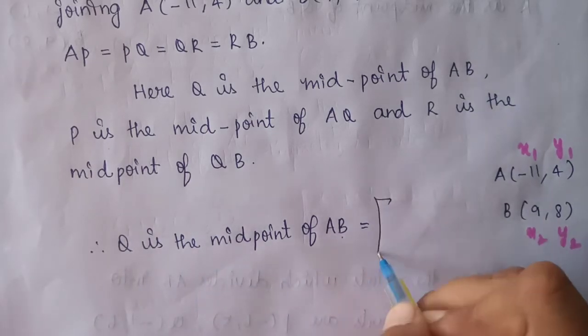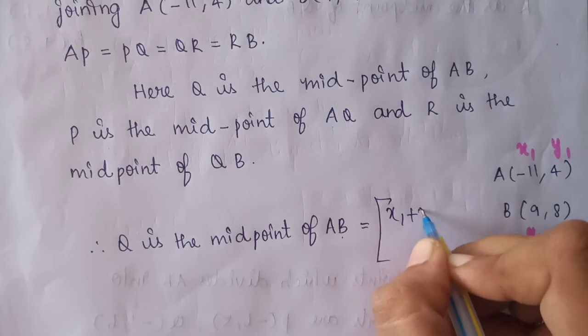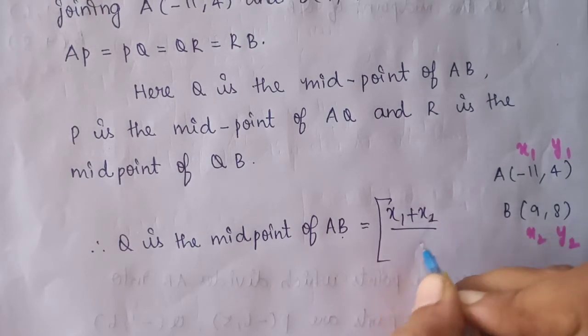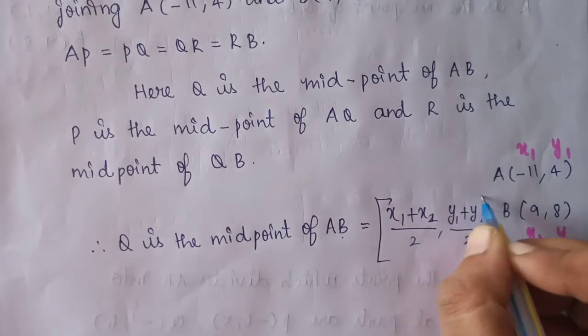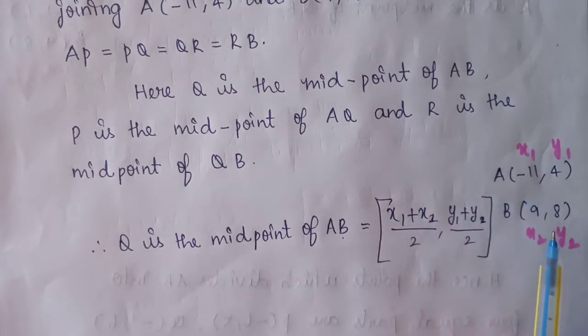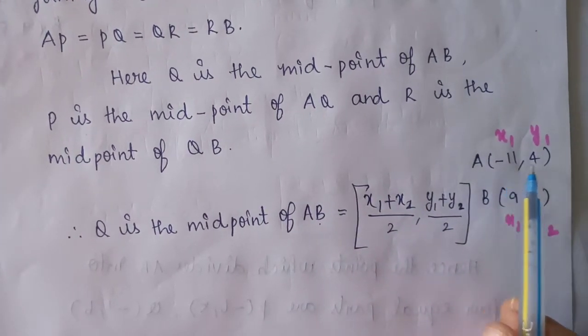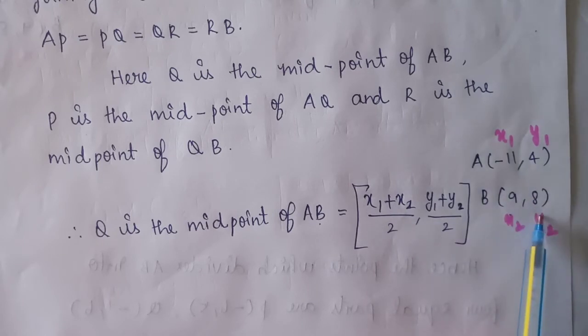We know the midpoint formula: ((x1 + x2)/2, (y1 + y2)/2). This is the coordinate of A and B. This is your x1, y1 and this is your x2, y2.